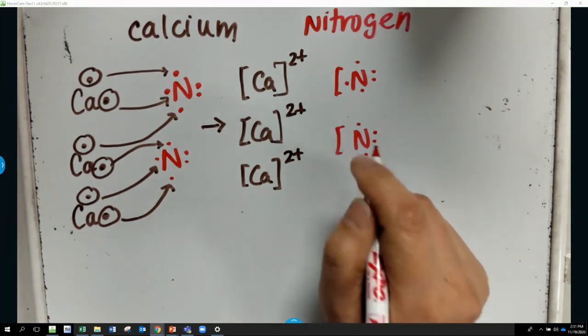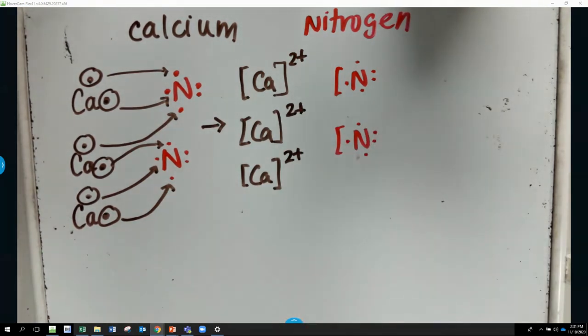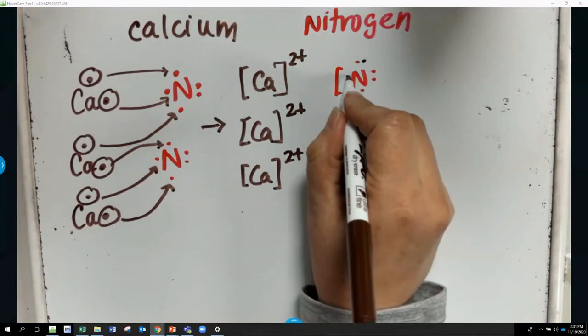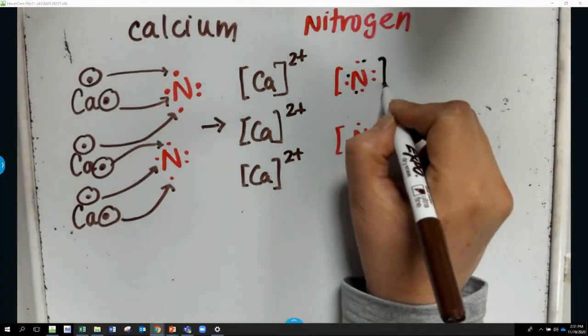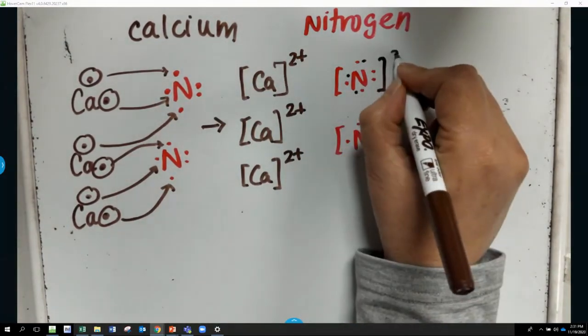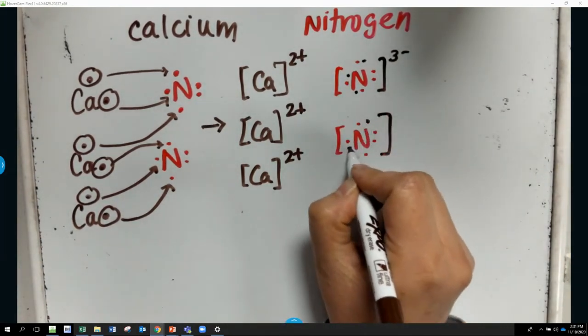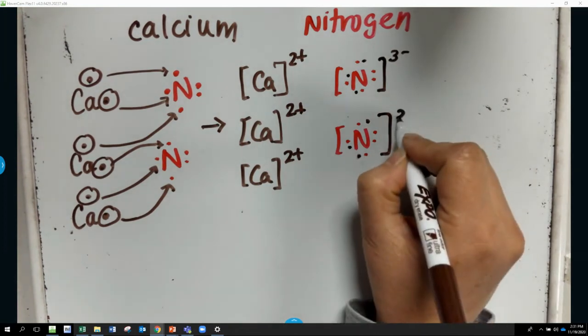This one received an electron up here, an electron here, and an electron there. Now it's got 8 total, 3 of which were added, so we have a -3. This one also received 3, so we got a -3.